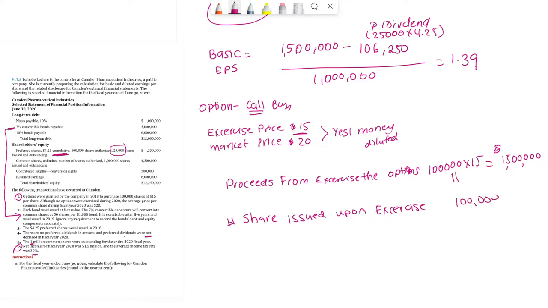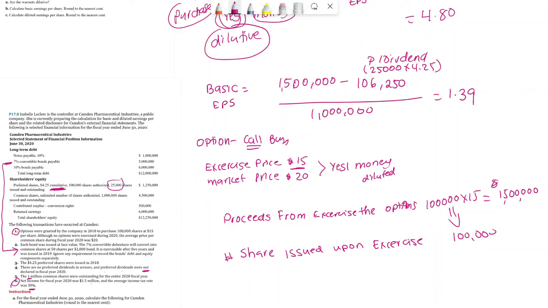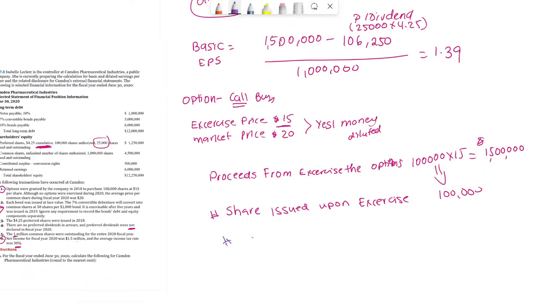So in other words, whatever that is, it will go here. And the next one is shares purchased with proceeds. So number of shares purchased with proceeds.